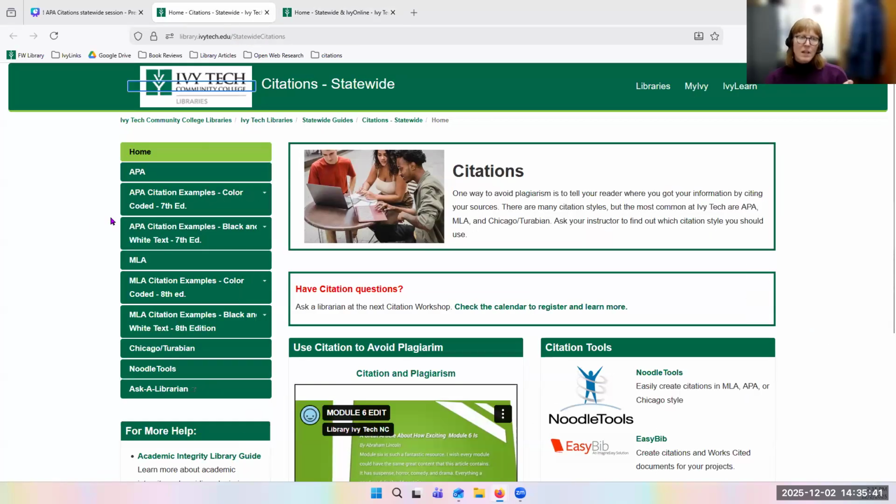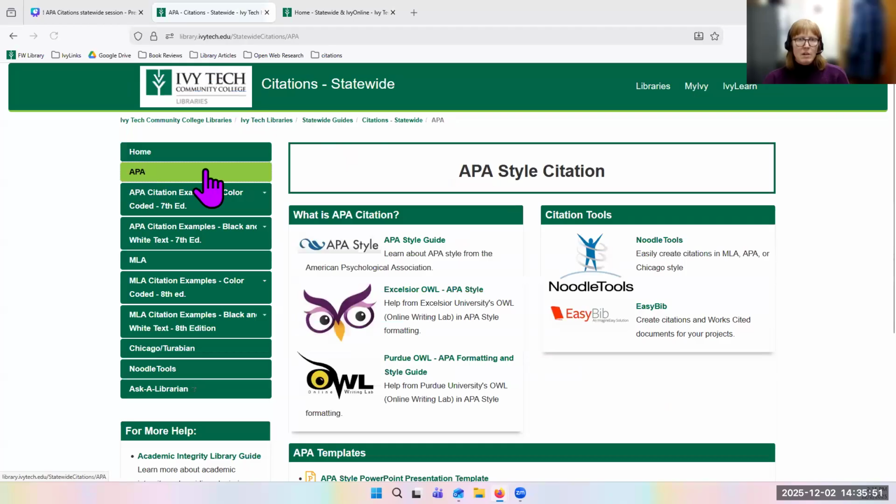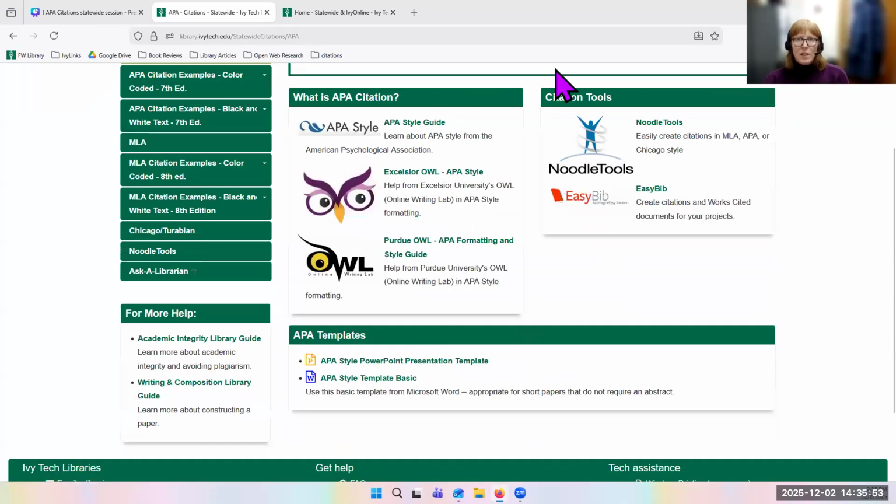Okay, it has a guide for APA, MLA, and a couple of notes on Chicago, which is less common at Ivy Tech. But if you choose APA from the menu here, it has even more links to helpful guides. And it also has our template that I was referencing earlier. This will open up into Word. Hopefully you'll be able to show it on the screen.